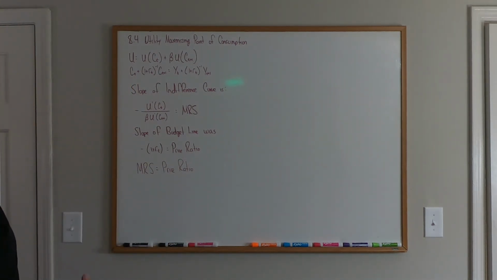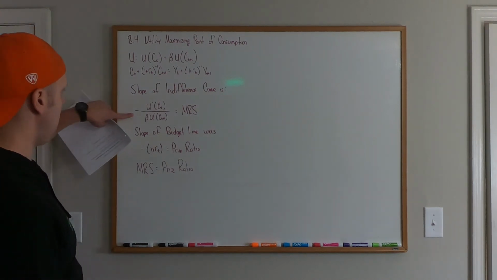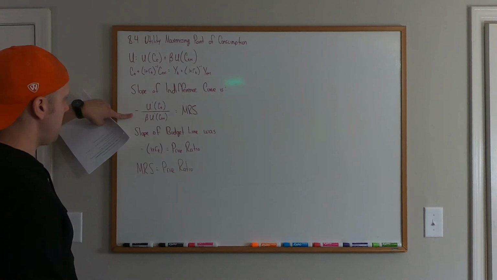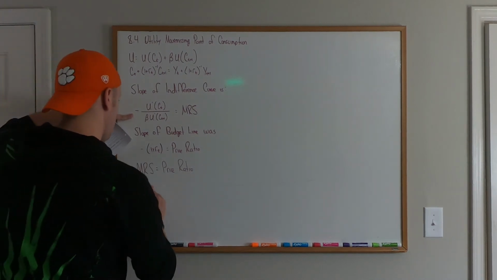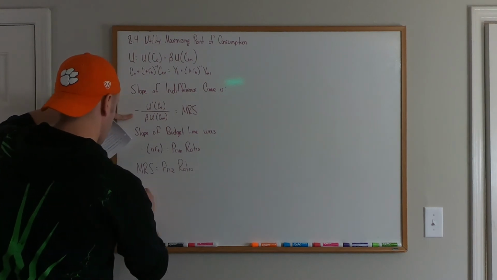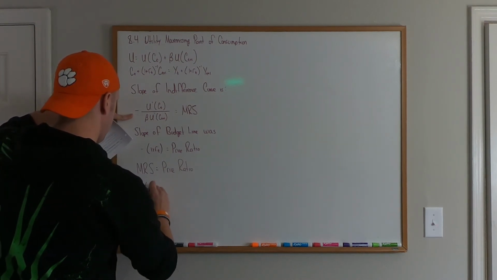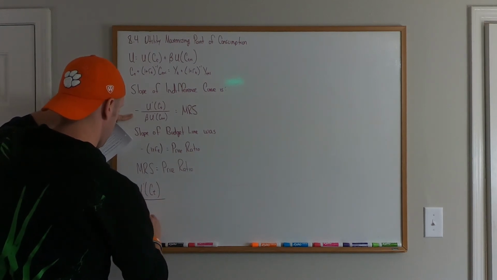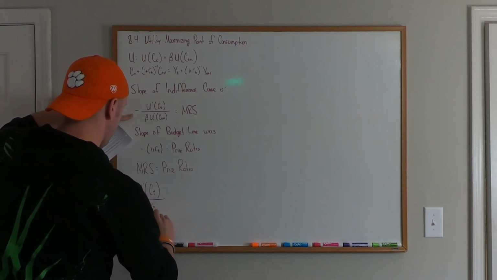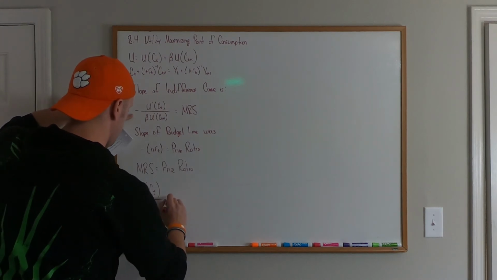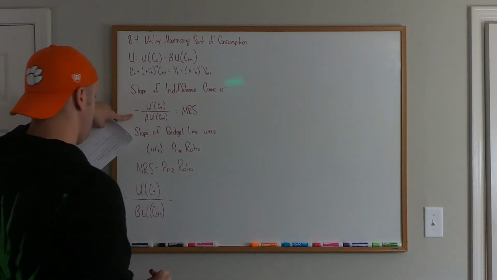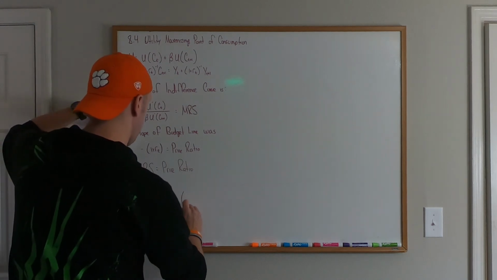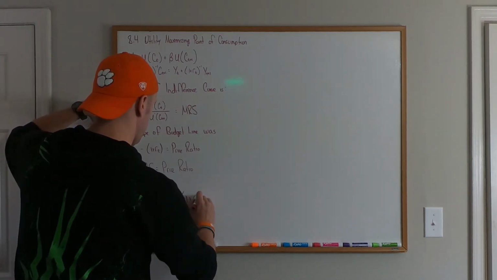So the marginal rate of substitution is equal to the price ratio. I set negative u prime of c_t divided by beta times u prime of c_t+1, so the marginal utility of current consumption divided by beta times the marginal utility of future consumption, equal to negative (1 plus r_t).